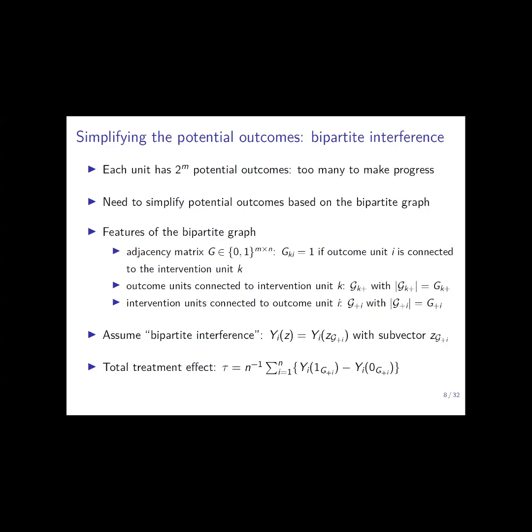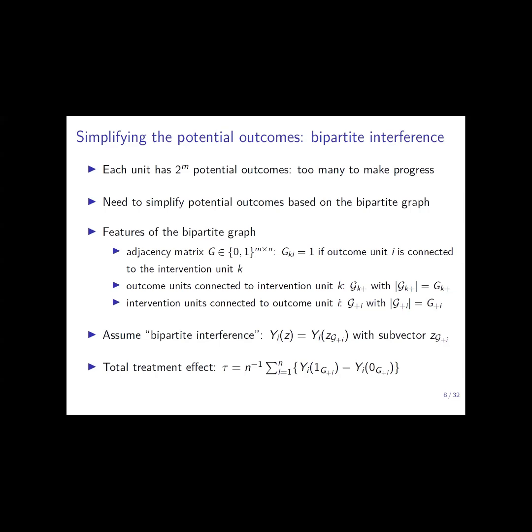This is the set of outcome units connected to intervention unit k, and its cardinality equals g_k+. Hope this is traditional matrix notation, a fixed summation. For the outcome unit, we ask what are the intervention units connected to unit i. This is the curly G_+i, the set of intervention units, and this is the cardinality g_+i. So that's the graph notation.